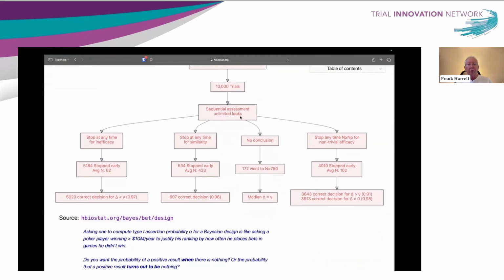So we're going to have sequential assessments with unlimited looks at the data, and we can stop at any time for inefficacy with no minimum sample size. Now, there's a side detour that we need to take here that relates to things Jonathan talked about, which is if you're not doing a platform trial and you're going to stop as soon as you have evidence for inefficacy, you've hired a bunch of research coordinators, research nurses, and everyone else.